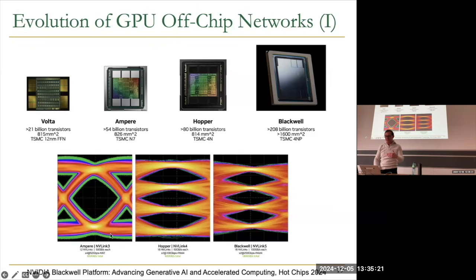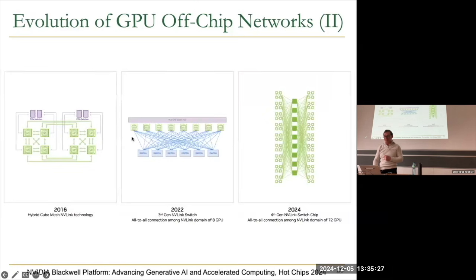Okay, so there have been technology improvements clearly to improve the bandwidth of a single link, but they also do other improvements like architectural improvements. As we have seen, these are different topologies. These were some of their initial topologies in 2016, as you can see. This is kind of a mesh network, a slightly different one.